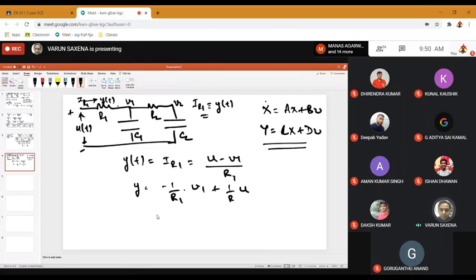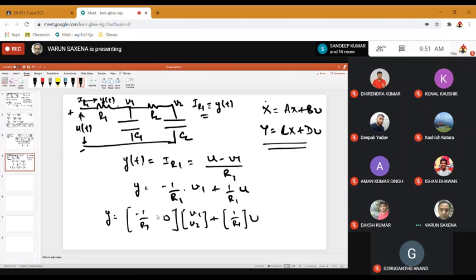Now I want you to give me the matrices C and D. It should not be difficult. y is equal to minus 1 upon R1, 0, times V1, V2, plus 1 upon R1 into U. That's it. That's the answer to this question.